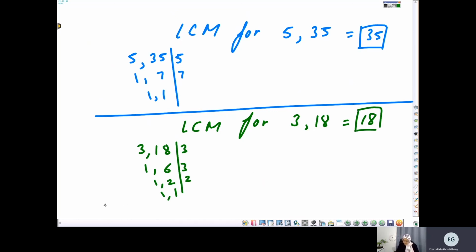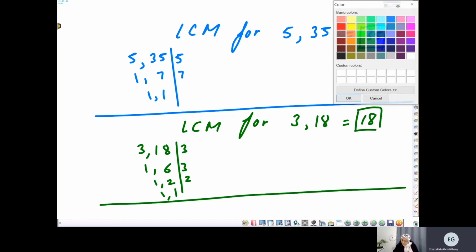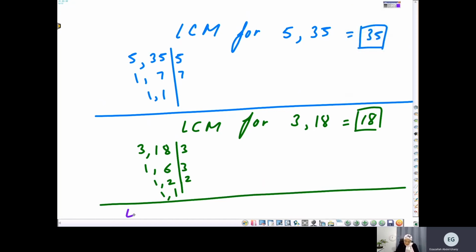The last thing, without a calculator: the LCM of 15 and 45 is, we say it, 45. You will need it when you add fractions.